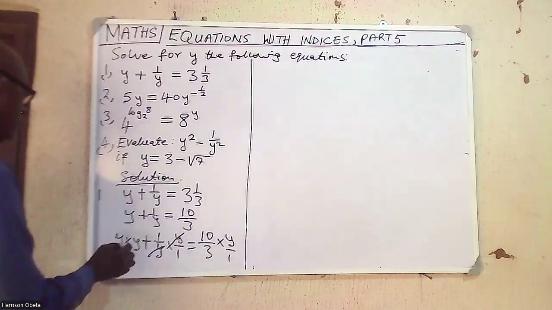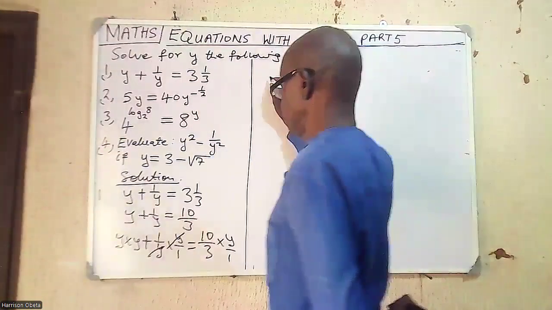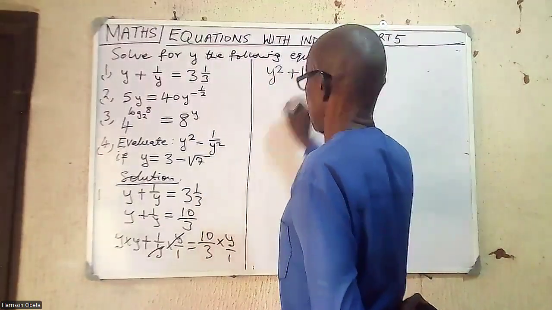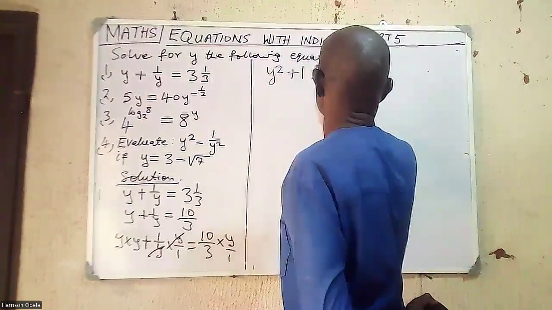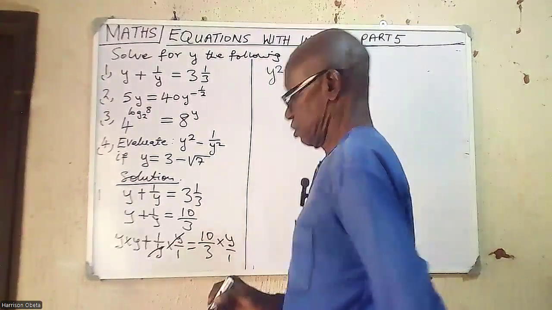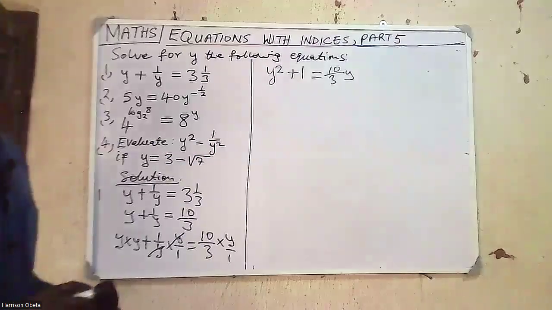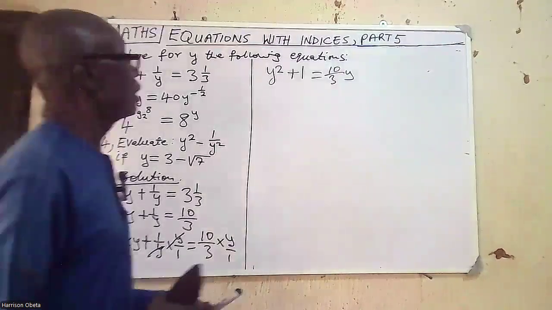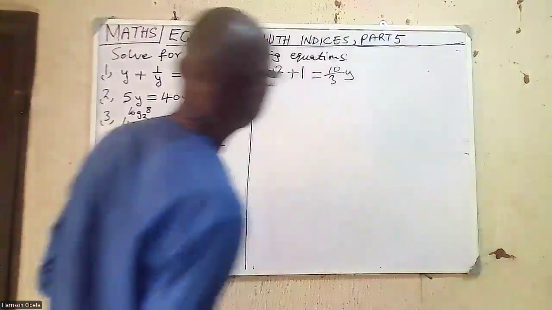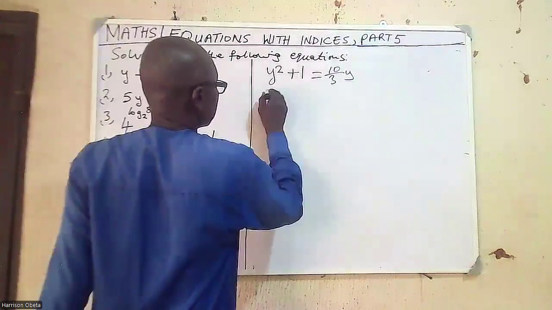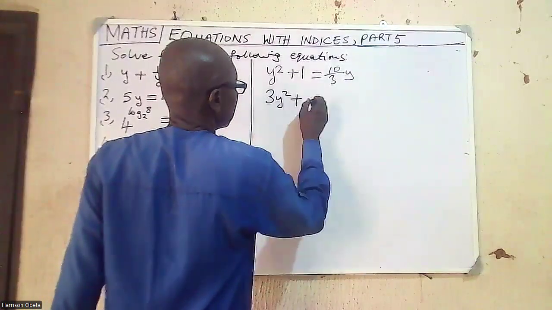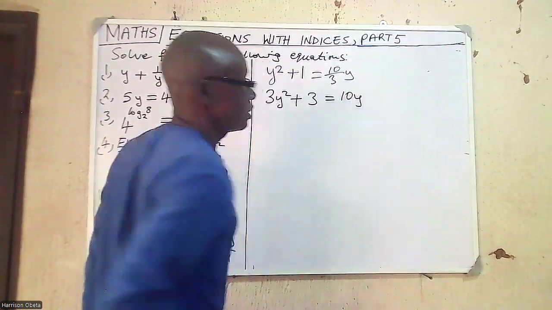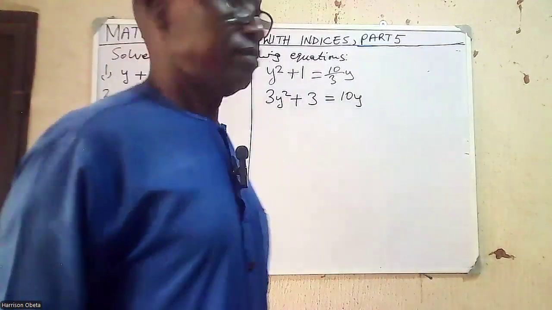Here, this will divide, and then that will lead us to y squared for this plus 1 for this equal to 10 over 3y. And from that part, we're also going to multiply through by 3 to remove the fraction entirely. That will give us 3y squared plus 3 equal to 10y, by multiplying through by 3.